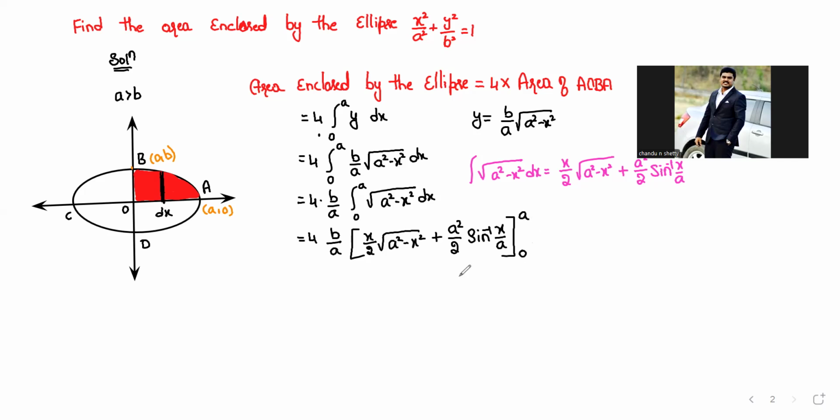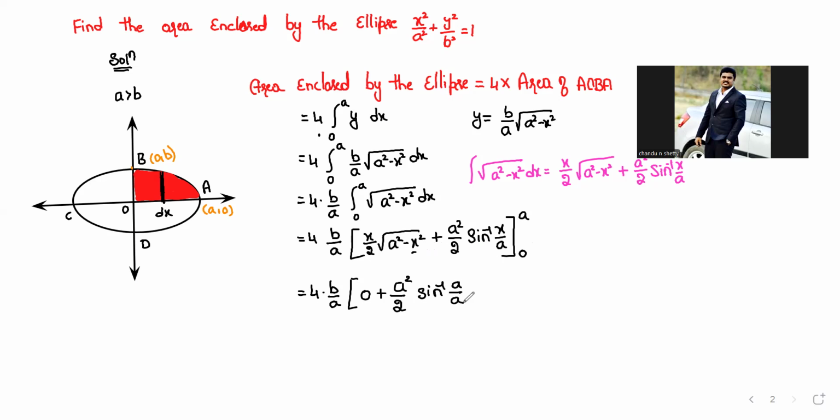When you apply the upper limit, keeping 4 into b by a here, in the place of x, a square minus a square is 0, and 0 into anything is 0, plus a square by 2 sine inverse of a by a.